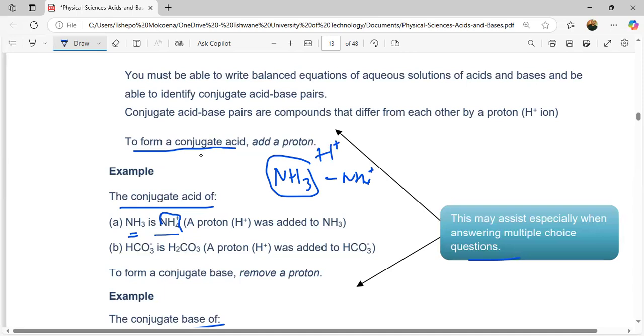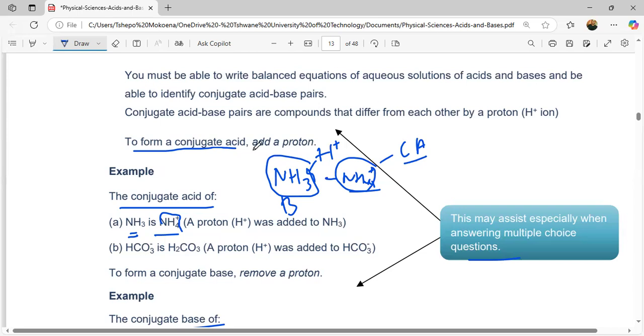This is NH3. You add a proton to NH3, you form the NH4 plus ion. Now, this thing is the conjugate acid, and this is a base, and this is its conjugate acid. Be careful on how you do this.